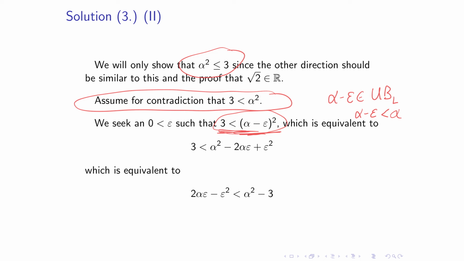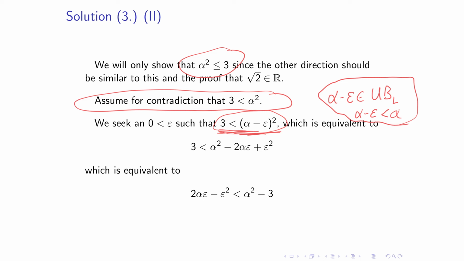These two together would imply that we have a smaller upper bound on the set than alpha, but that contradicts the notion that alpha is the supremum of L. The supremum is the least upper bound, so there shouldn't be a smaller upper bound. So that's how we're going to derive our contradiction in this situation.